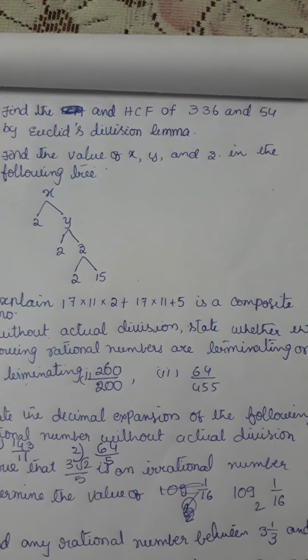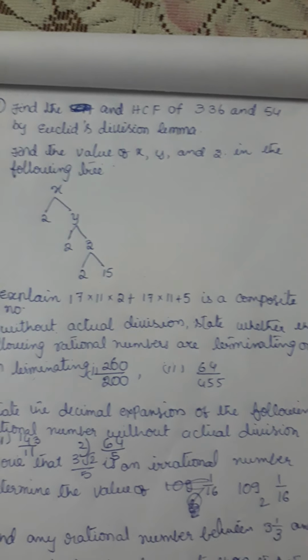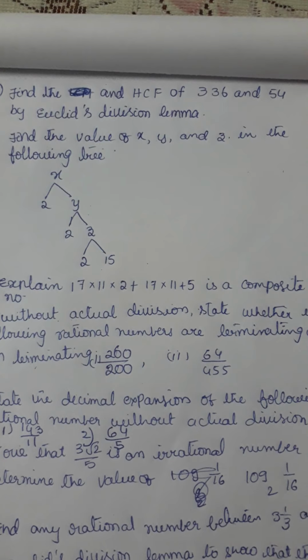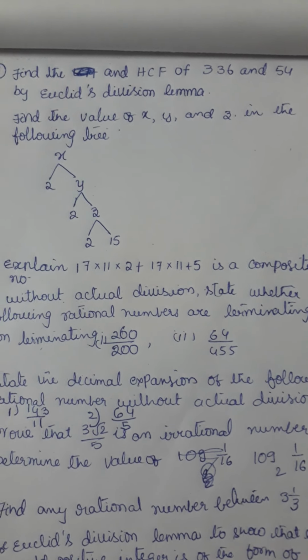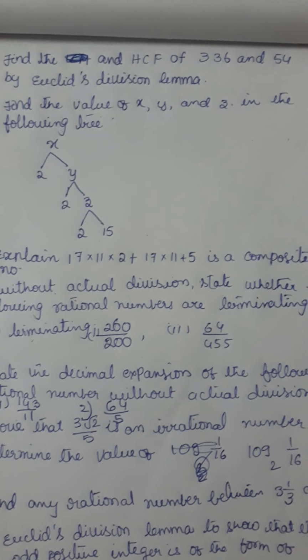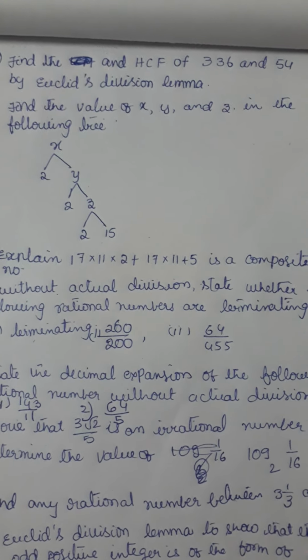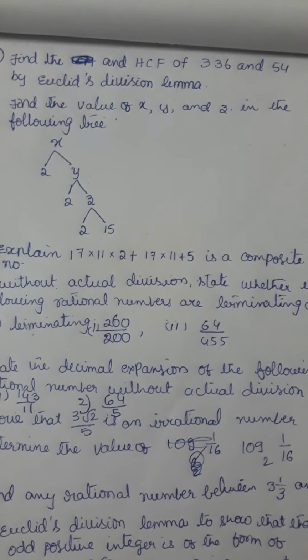So 336 is equal to 54 into something plus whatever the remainder you are going to get. You have to do like that and find out wherever you get the 0, that b becomes the HCF of the given numbers. Means use Euclid's division lemma and write that.